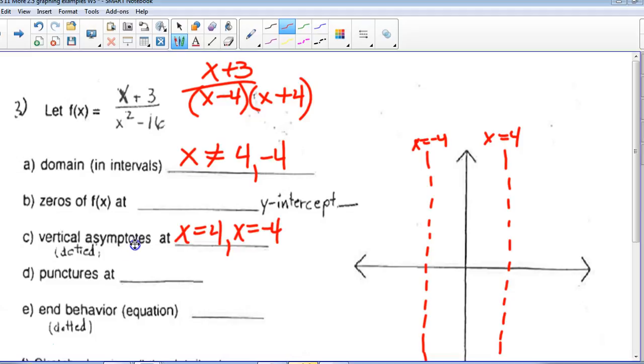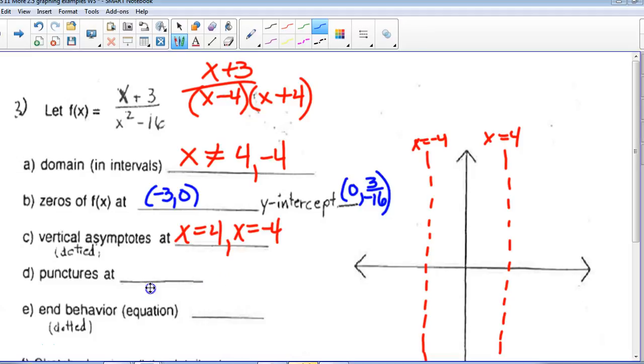Michaela, is there a 0? Good job. Evan, is there a y-intercept? So when I put in a 0, what do I get out? Look here. When I plug in a 0, what do I get? There we go. It's a disgusting answer, but it's what I want.